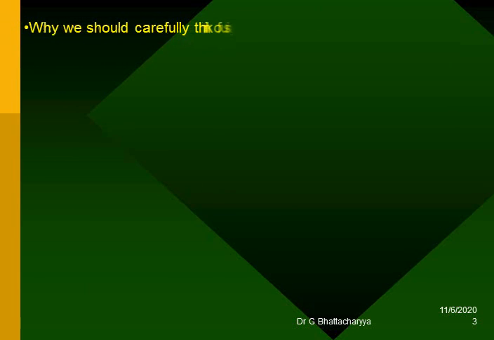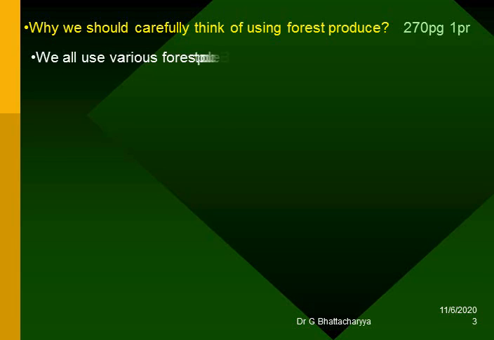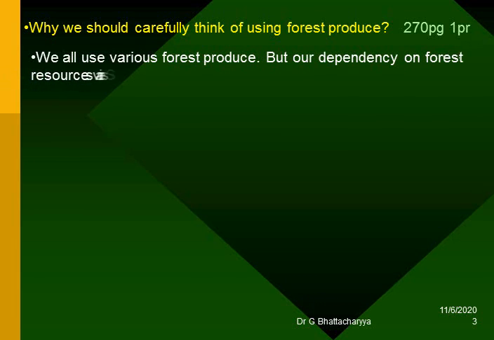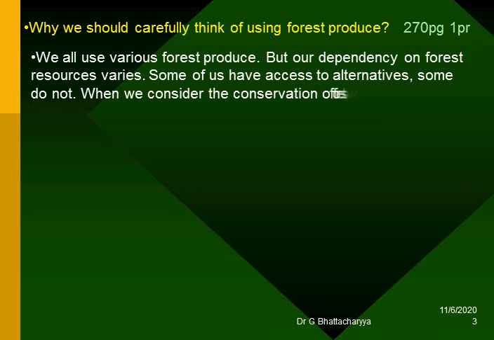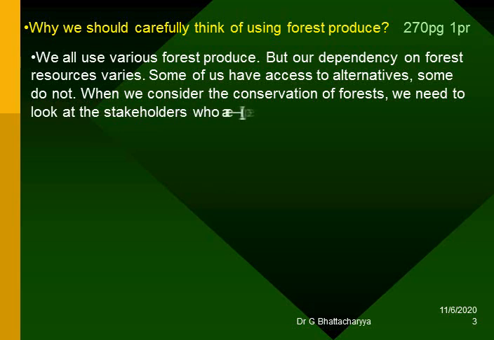Why we should carefully think of using forest produce. We all use various forest produce, but our dependency on forest resources varies. Some of us have access to alternatives, some do not. When we consider the conservation of forests, we need to look at the stakeholders.